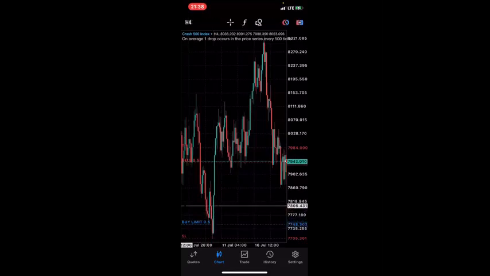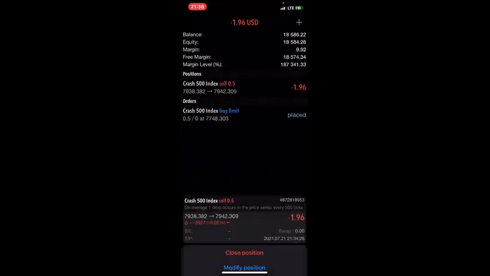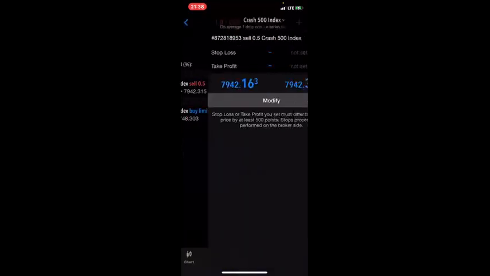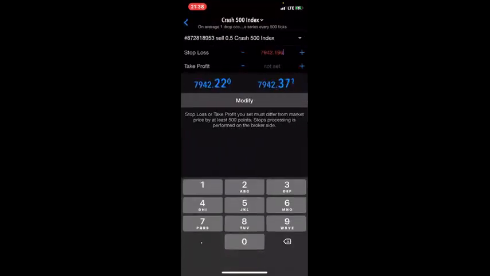So your take profit will be down, below your entry price, and your stop loss will be above. So try giving stop loss 8028 and let's see. Did it work? Yes, it worked. Okay, so modify it.